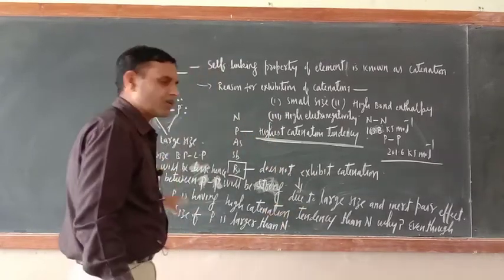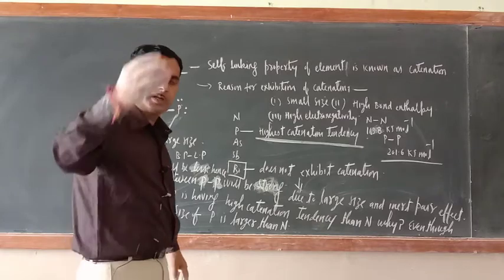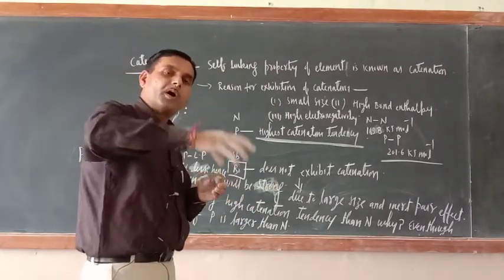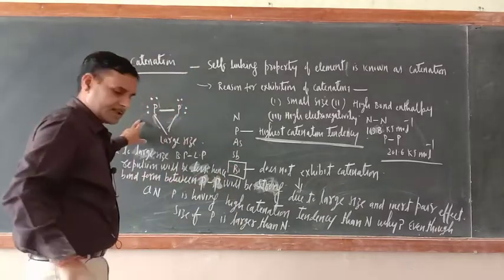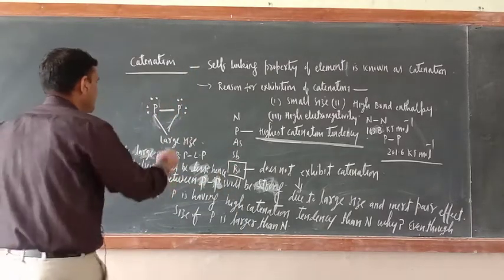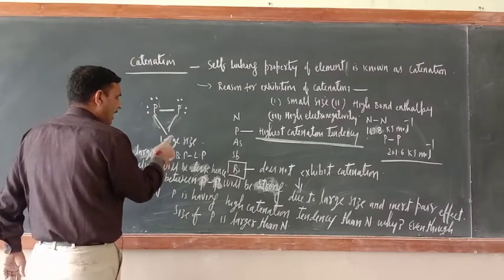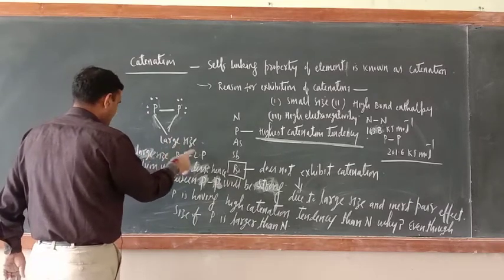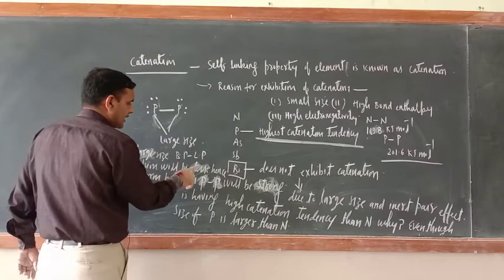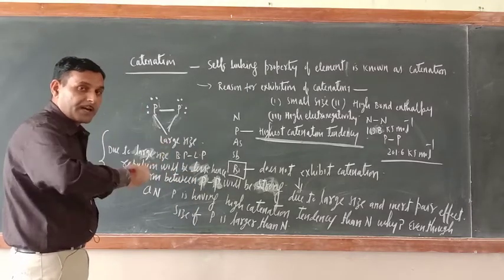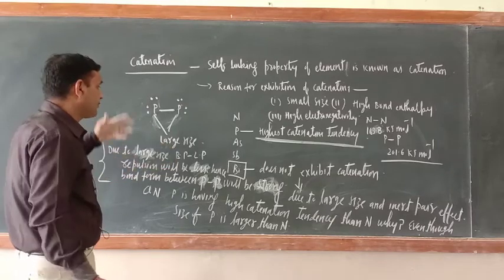What about phosphorus? As compared to nitrogen, the phosphorus atomic size is large. So bond pair and lone pair electrons, here large size. So due to large size of phosphorus, bond pair lone pair repulsion will be less. Because if size is large, lone pair bond pair electrons will be away.